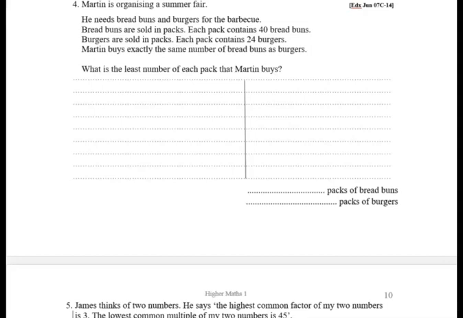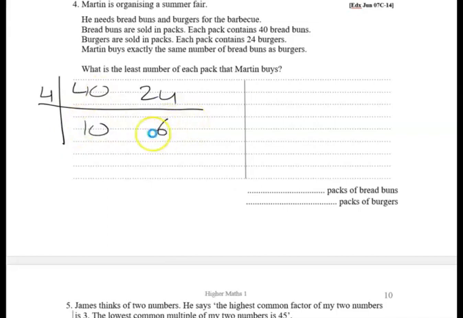So we're going to be working out the LCM. So the LCM here is going to be worked out by writing 40, 24. Now the number we can divide them both by is going to be 4. 40 will become 10, 24 will become 6. Now we can divide by 2.